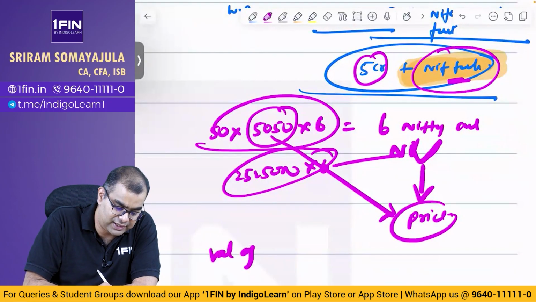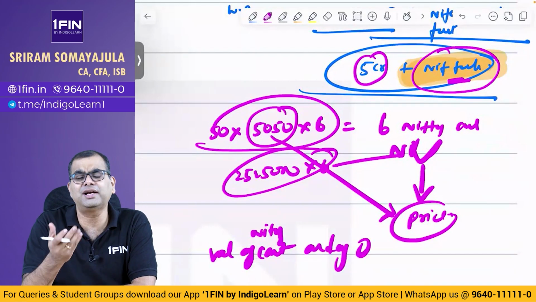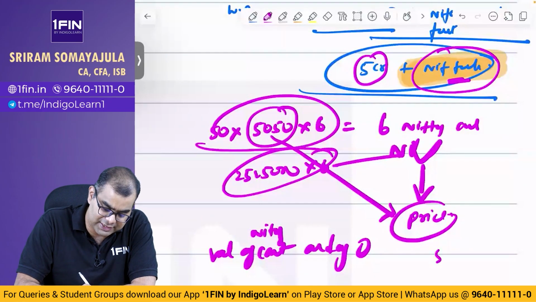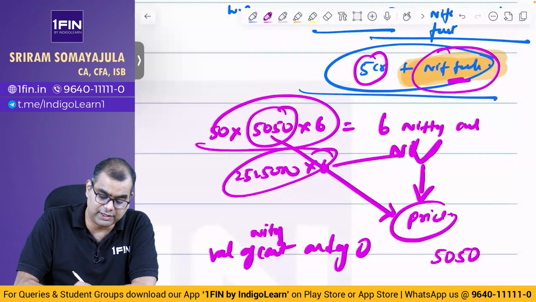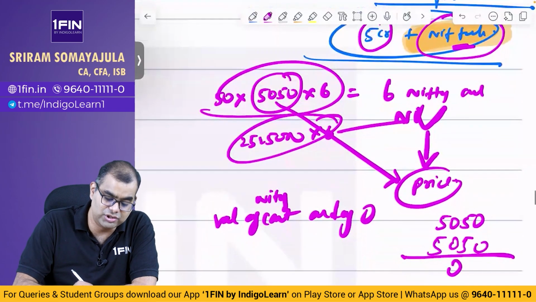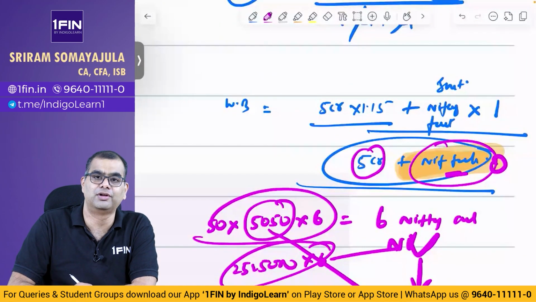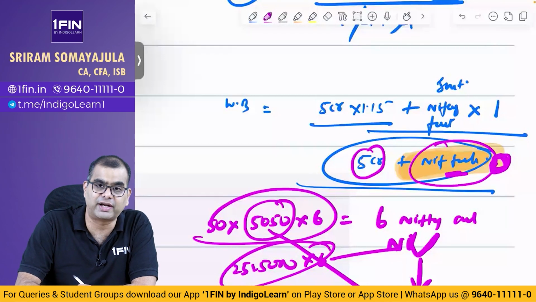The value of a Nifty contract on day 0 is zero. On the day of entering the contract, it has no value because the market price is 5050 and the theoretical price is also 5050. There is no difference between the two, so the value is 0.